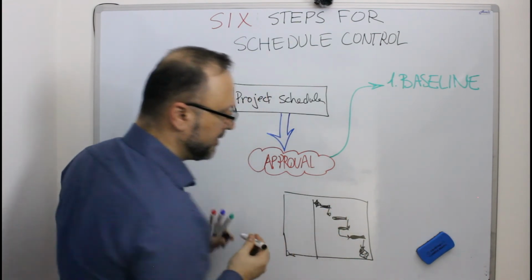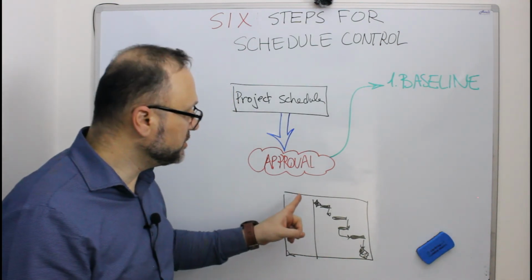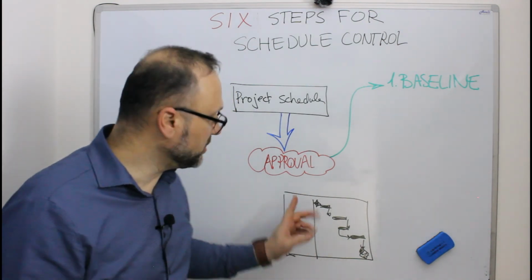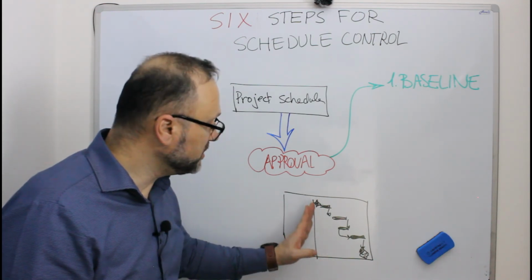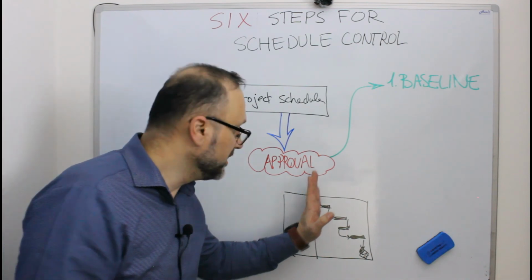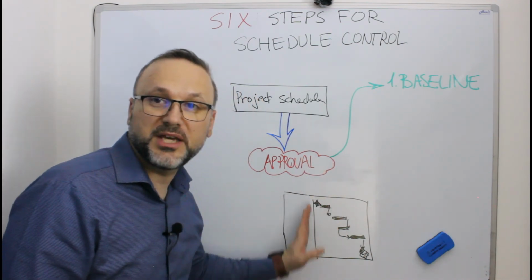So you make it as a baseline, and now you have defined your start of the project, you need to start defining the percentage of each activity.